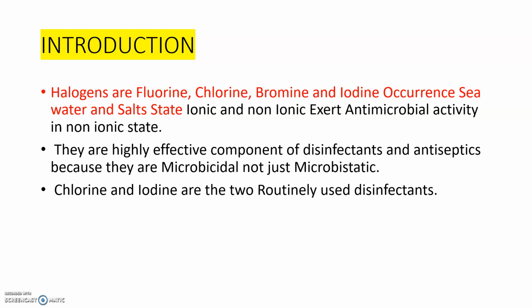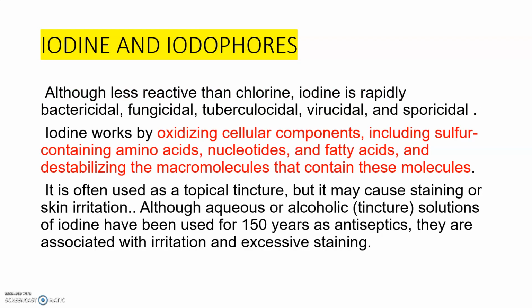Chlorine and iodine are two routinely used disinfectants. So first of all, about iodine and iodophores. Although iodine compounds are less reactive than chlorine, iodine is rapidly bactericidal, fungicidal, tuberculocidal, virucidal and sporicidal.